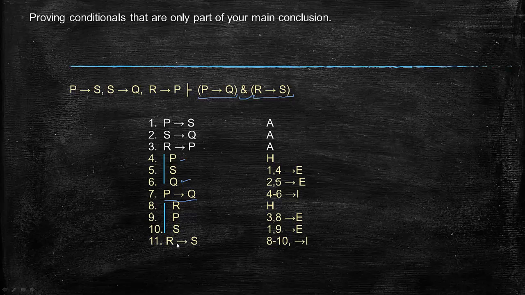But now I have if R then S. So I have the two conditionals free and clear that I need. And so all I have to do is put them together with one application of and introduction, 7, 11, and introduction. Okay, so that's a very straightforward example of how I would go about proving a conclusion that has multiple conditionals in it by doing multiple conditional introductions.